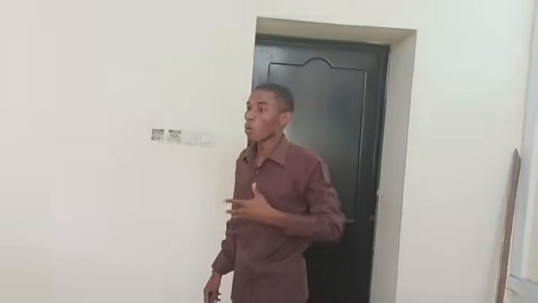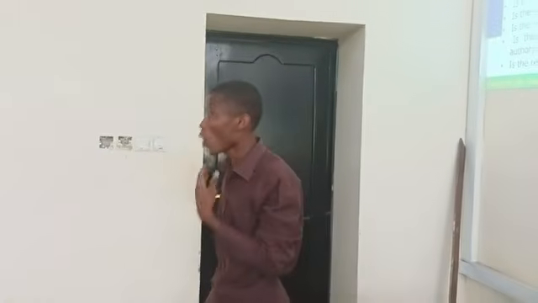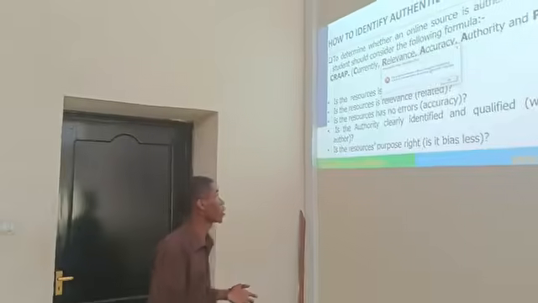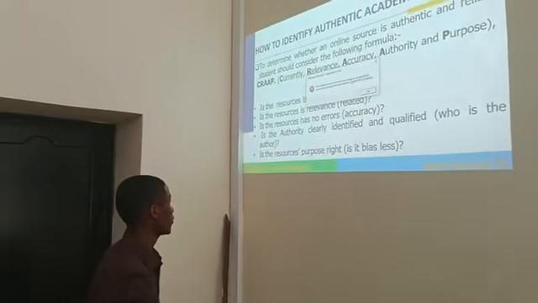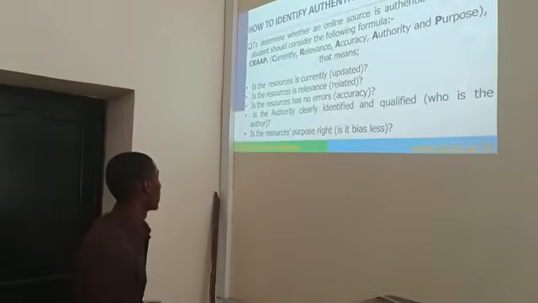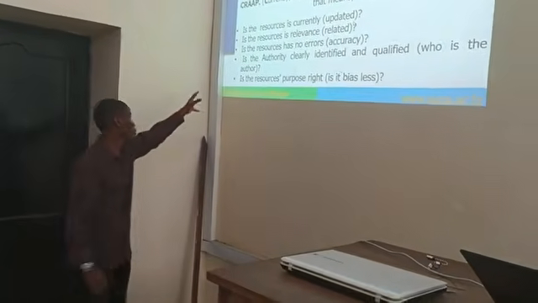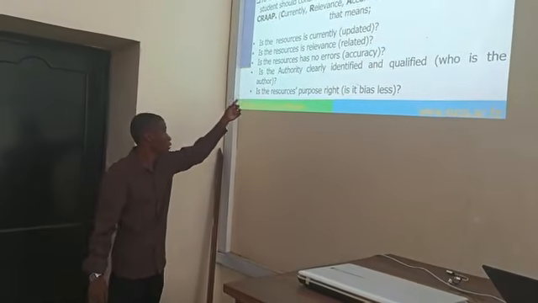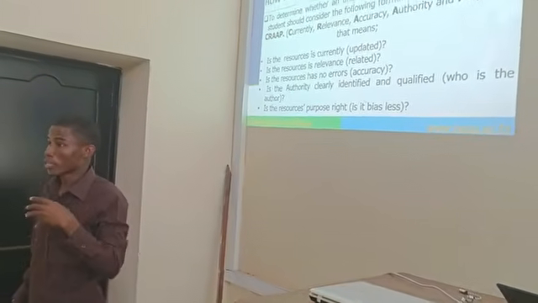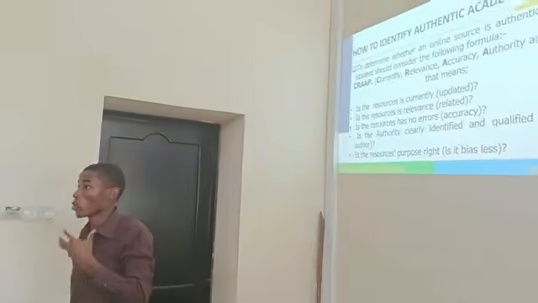We have to understand whether it is related to our research, or to our subjects, or to our topic. And also we are going to discuss the sources of error. The article has no error.